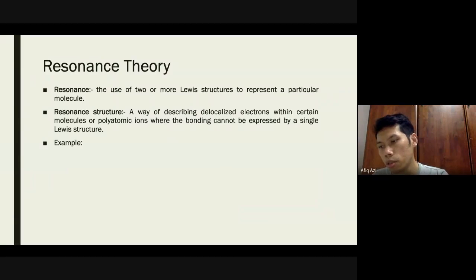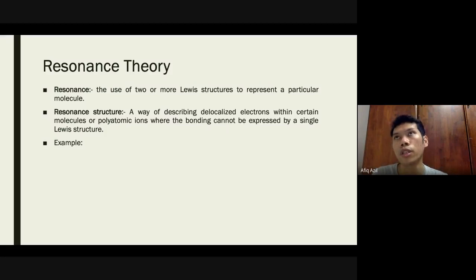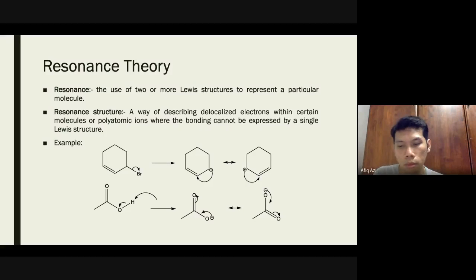A Lewis structure is basically a simplified version of a compound to show the valence shell electrons. So we use Lewis structures to represent a molecule, and resonance structures are a way to describe how delocalized electrons are located within certain molecules or polyatomic ions, where bonding cannot be expressed by a single Lewis structure, in which case they have multiple shapes.